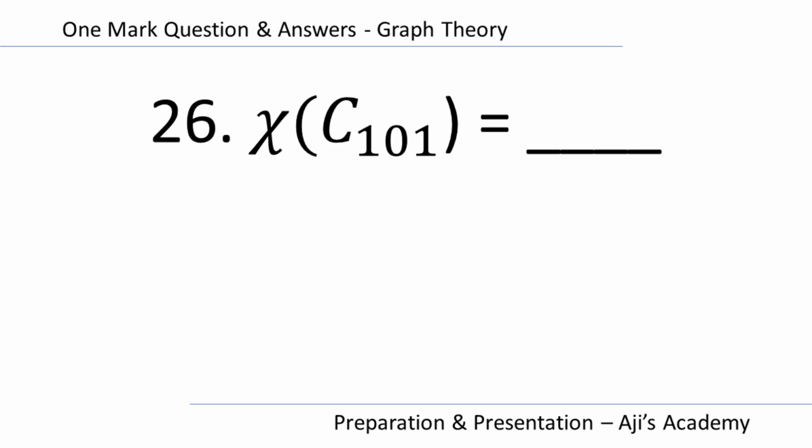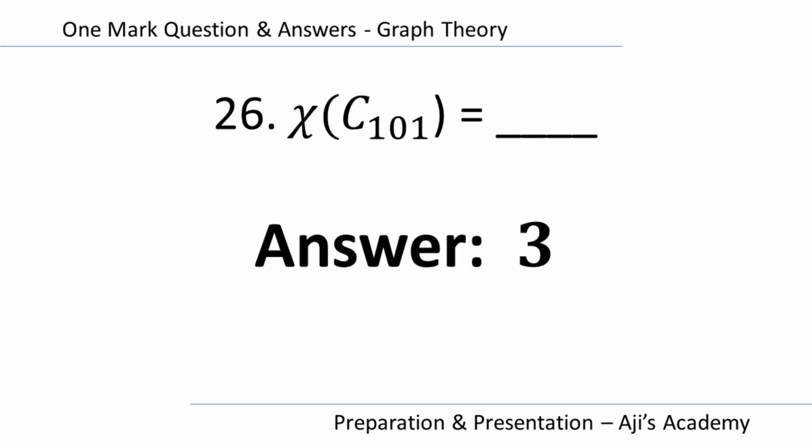Before that, a cycle on an even number of vertices has chromatic number 2, and a cycle on an odd number of vertices has chromatic number 3. So here the answer is 3.